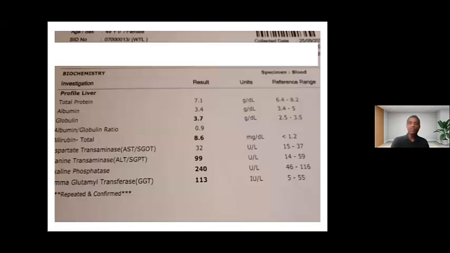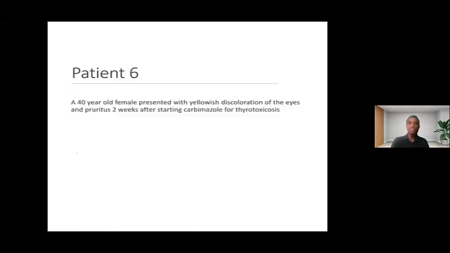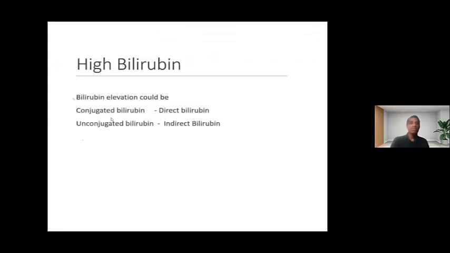So this is due to drug-induced liver injury, called DILI, most probably due to carbimazole. High bilirubin may be conjugated, which we see as high direct bilirubin, or if it is unconjugated, it is called indirect hyperbilirubinemia.